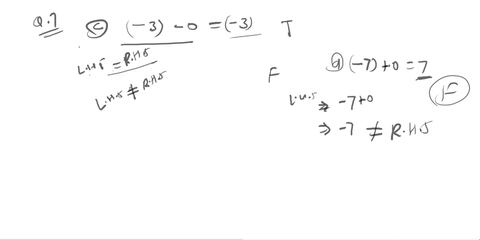Now come to exercise 1.2. First question of exercise 1.2: add -13 plus 34 using the commutative property. I have taught you all these properties in our previous lectures: commutative property, associative property, closure property, distributive property.